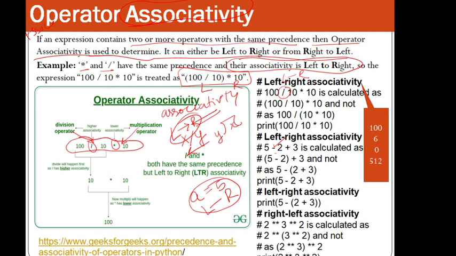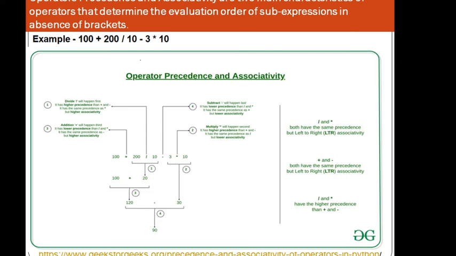Minus comes first, so minus will be performed first and plus will be performed later. Then here with exponentials, both are exponentials, but here right to left associativity applies. So the right one will be calculated first and then the other part. So this is associativity.